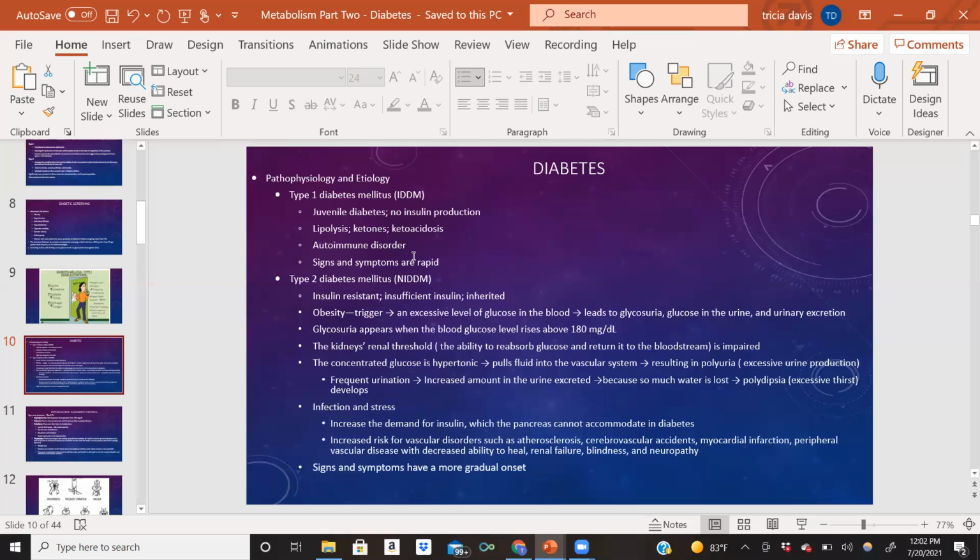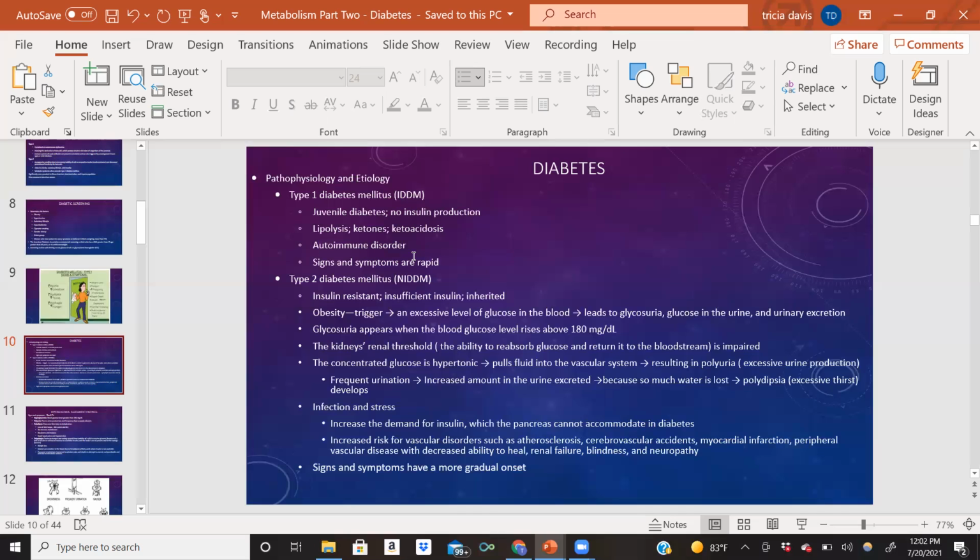They're at a higher risk for infection. The increased demand for insulin on the body can cause stress because the pancreas cannot accommodate the demand. It's going to lead to an increased risk of vascular disorders. These patients can develop atherosclerosis. They can have cerebral vascular accidents, so strokes. They're at risk for myocardial infarction, which is a heart attack.